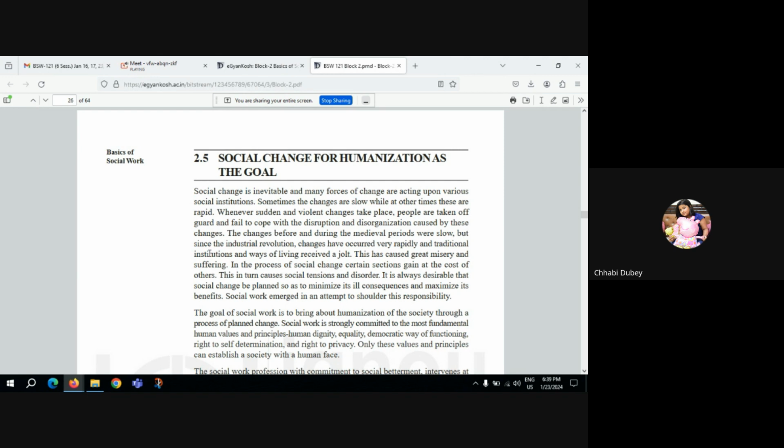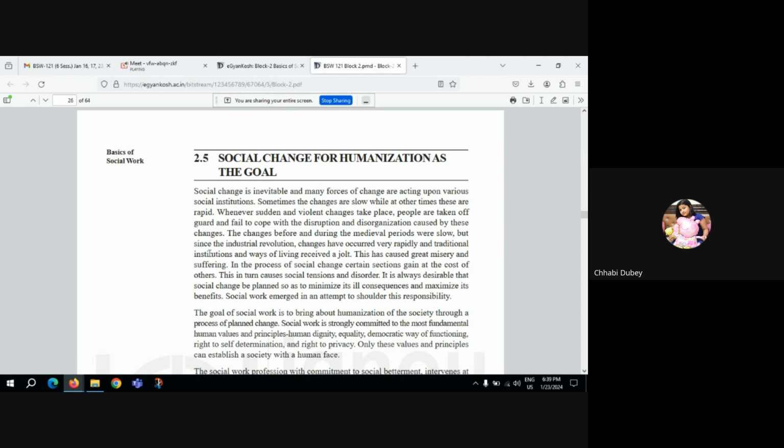But then as society evolved, as industrialization took place, as science and technology developed, as various means of communication and information sharing developed, we see that the changes are now taking place at a very fast pace.